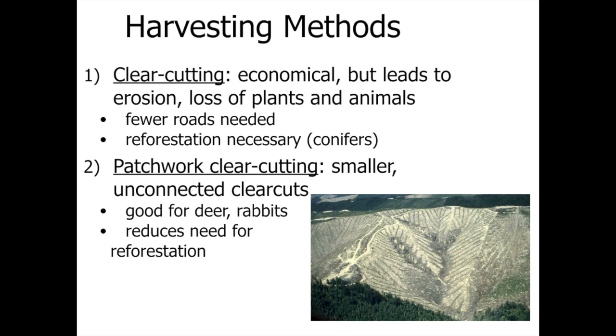Clear cutting, it saves money, but it causes a lot of problems with flooding and erosion, loss of plants and animals. It's better for companies and jobs economically to make money, but it's not good for the environment. So patchwork over clear cutting, better for the environment.